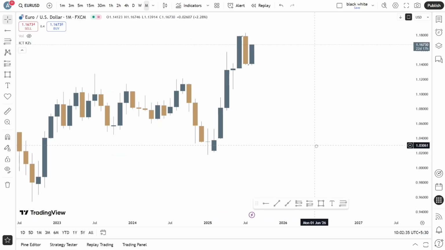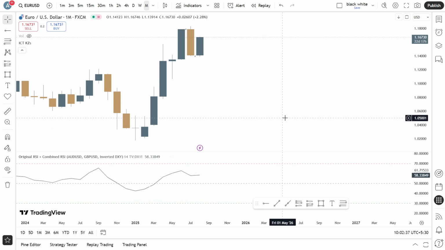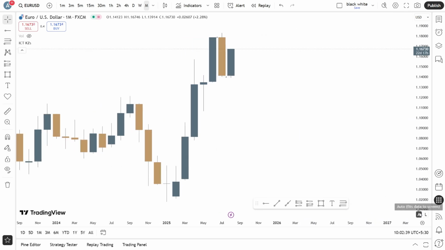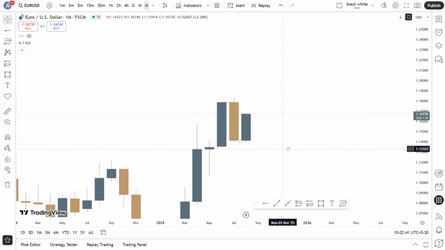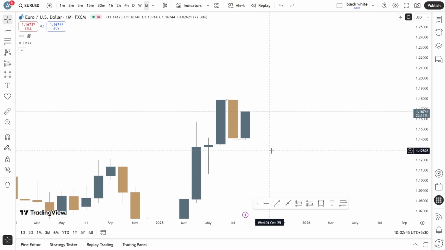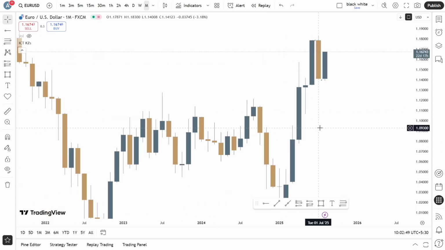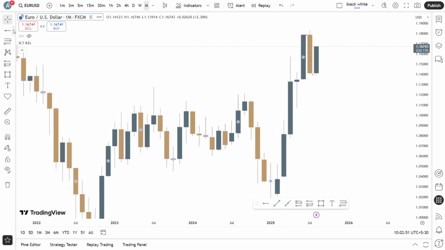As we move into the chart, this is pretty much evident that we are having this monthly levels where the price is sweeping the highs and the lows. So it's kind of a move where in overall scenario we see that the price had accumulated over here, took the liquidity and then moved into the upside direction.